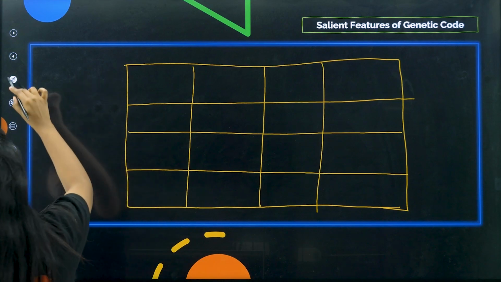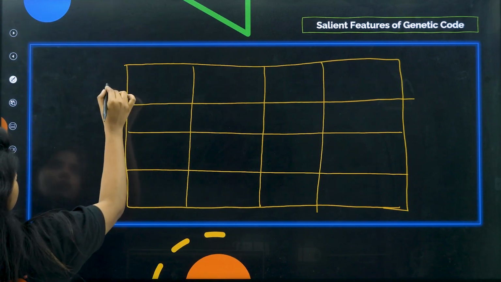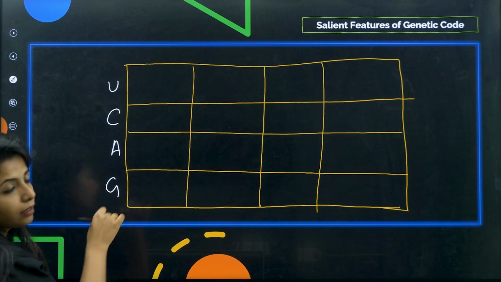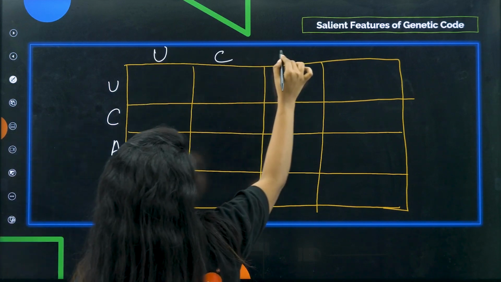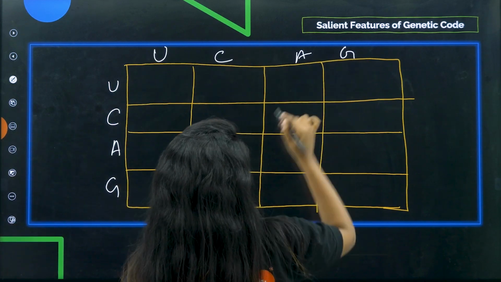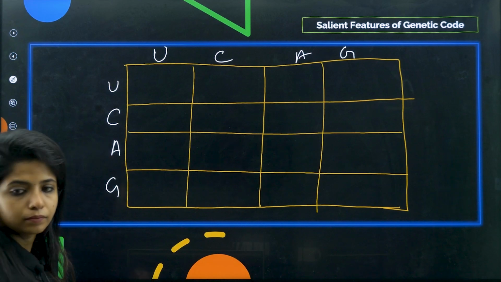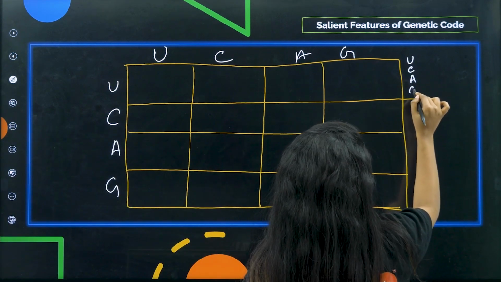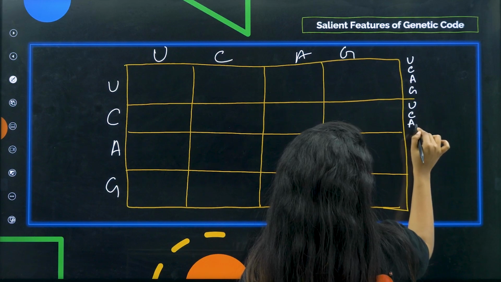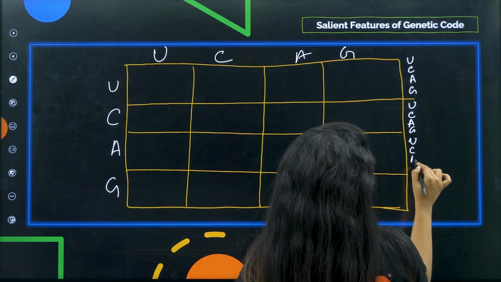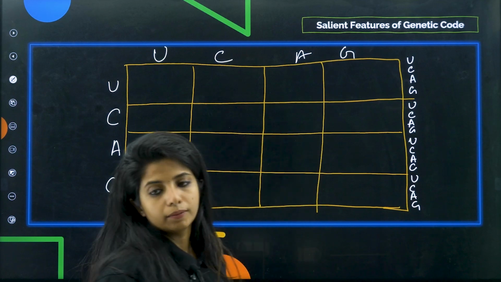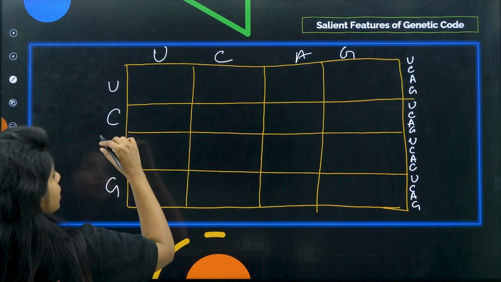Over here we'll put the letters UCAG. In this format only, write UCAG. Now here you'll write everything: UCAG, UCAG, UCAG, UCAG.